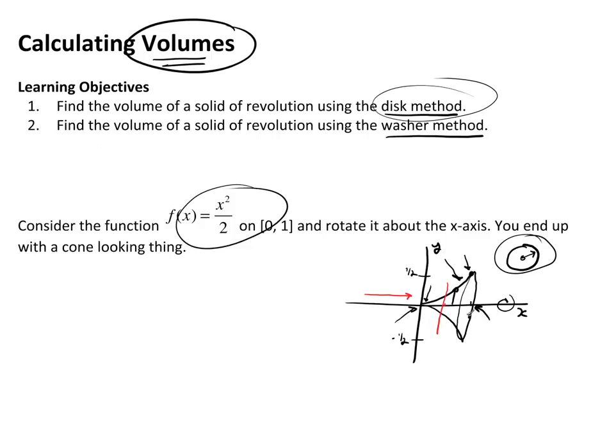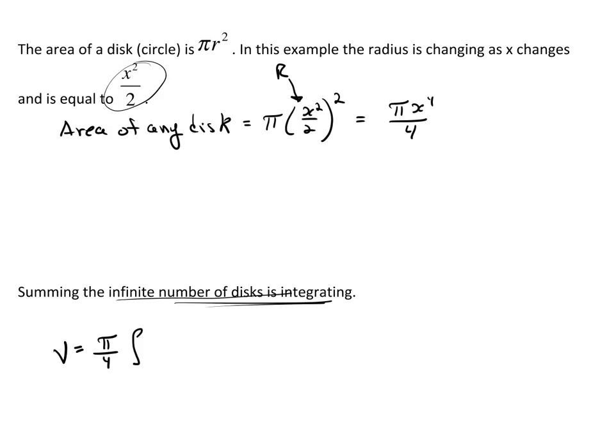So I'm going from 0 to 1 of r squared. Well, right here is part of r squared. In this particular case, I'm going to end up with x to the 4th left over, because x to the 4th over 4 was r squared, dx. Well, this would just simply be pi over 4 times x to the 5th over 5 evaluated from 0 to 1, which is pi over 20.